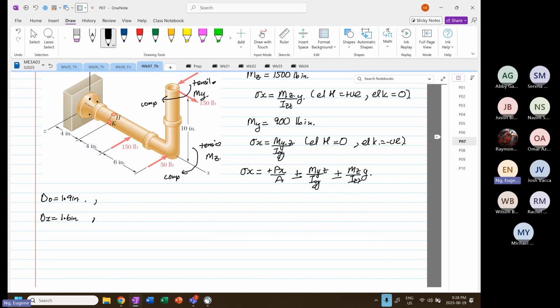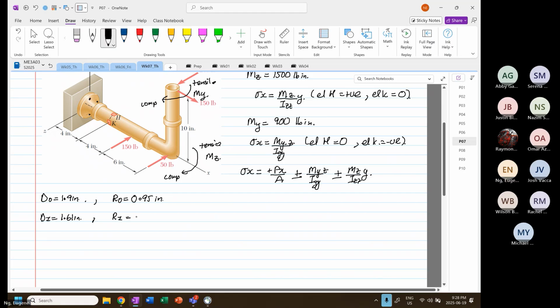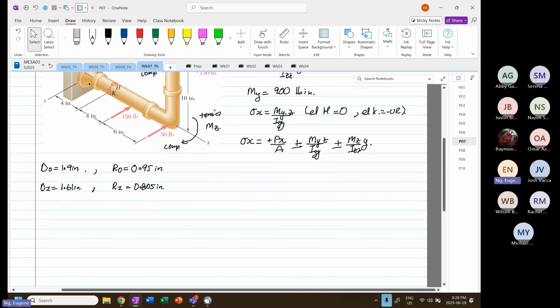And when that's the case, the radius on the outside is equal to 1.9 divided by 2, 0.95 inches, and the radius of the internal is 1.61 divided by 2, 0.805. So from here, we can calculate.